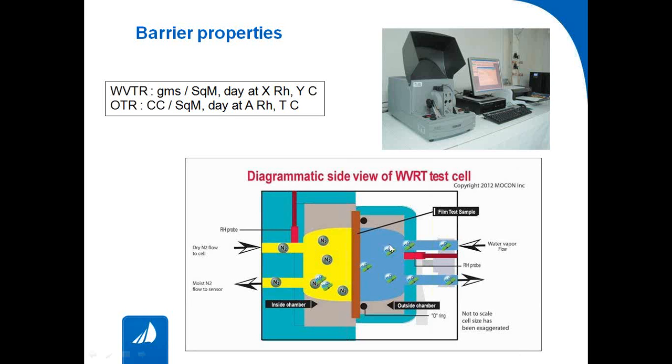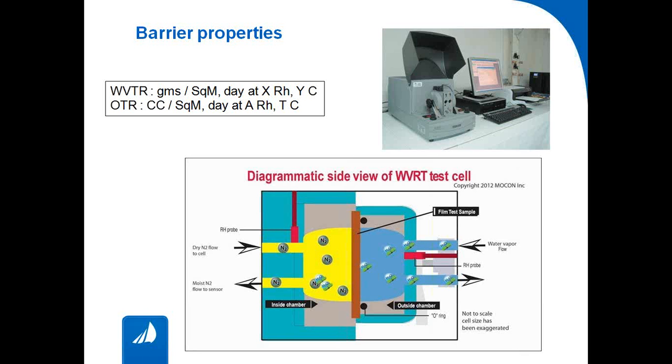Similarly, if you replace this moisture by pure oxygen, I mean, it's not necessarily dry, that depends on the test condition, test RH. You allow oxygen to come from this side, and dry, carefully oxygen-free nitrogen passes from this side. The oxygen will mix with this nitrogen. Once again, the sensor will identify that. So we'll be able to find out the cubic centimeters of oxygen passing per square meter area of the test sample in a day at a particular temperature and RH.